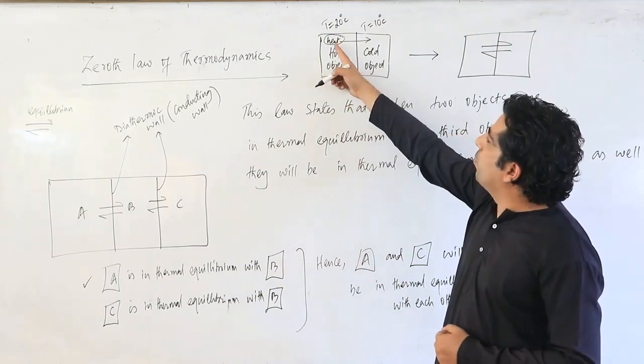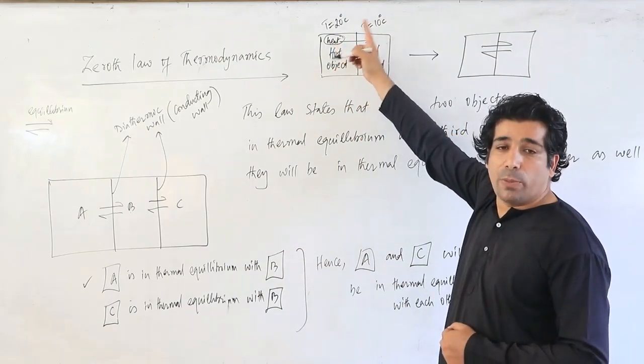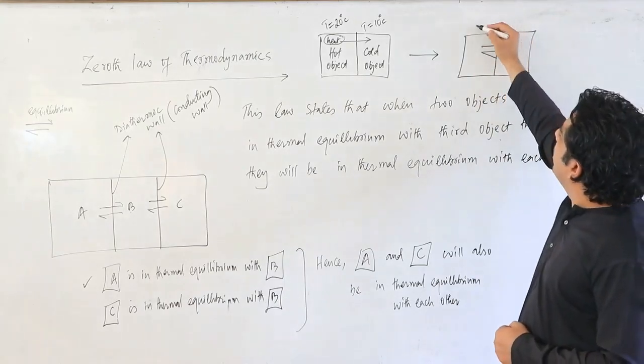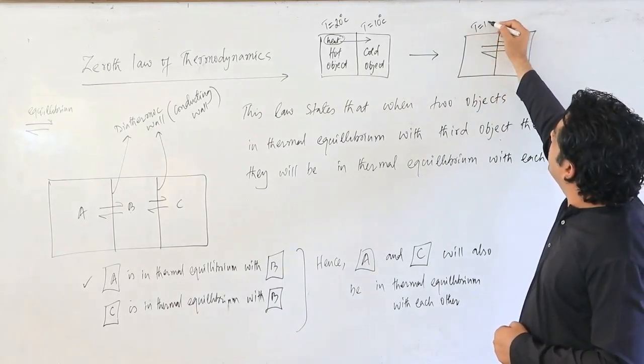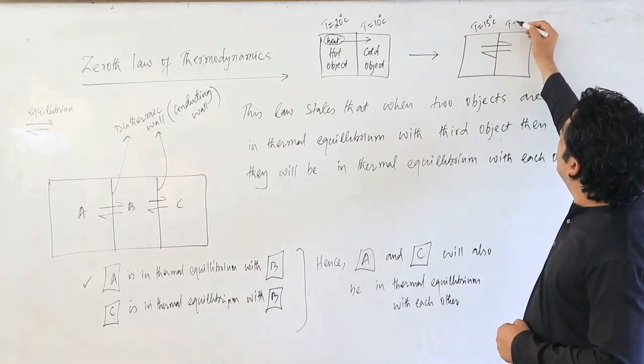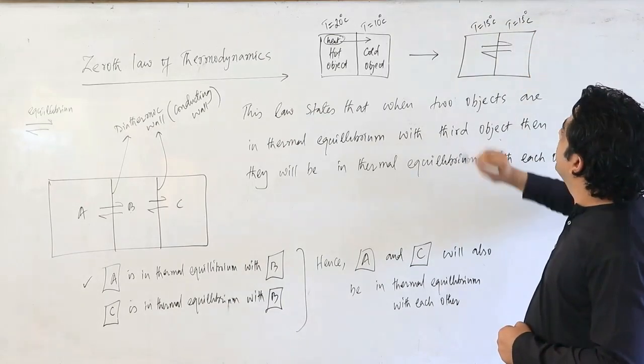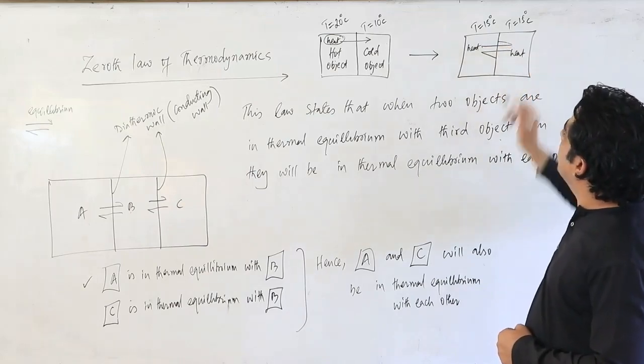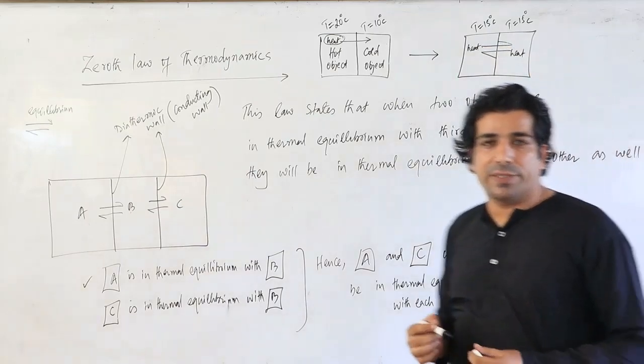So the heat will flow from hotter object to colder object. Now when they are in equilibrium with each other, let us suppose here the temperature is 15 degrees Celsius and here is also 15 degrees Celsius, and this state is called the equilibrium state, and heat is flowing in both the directions, my dear friends.